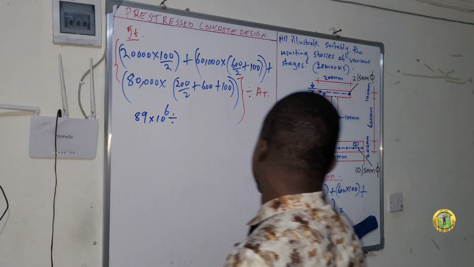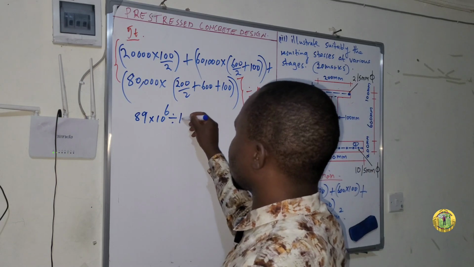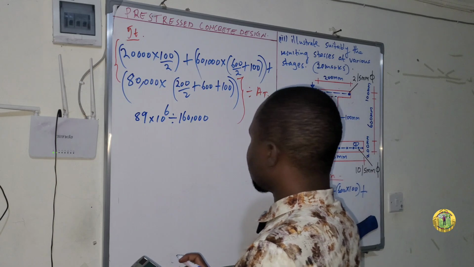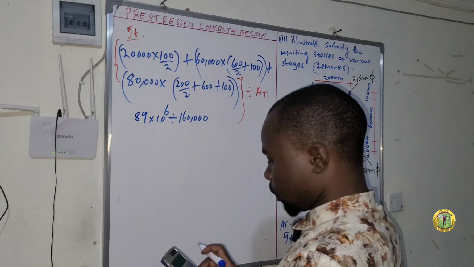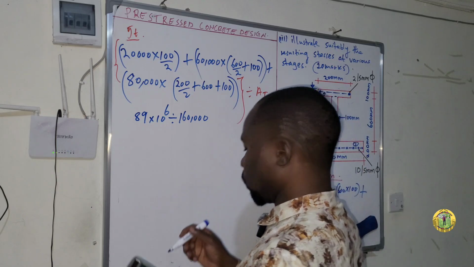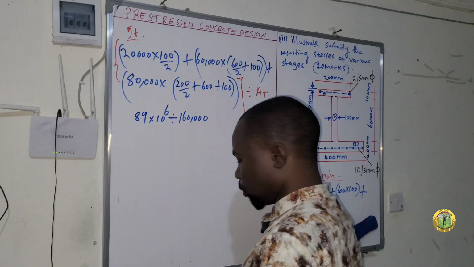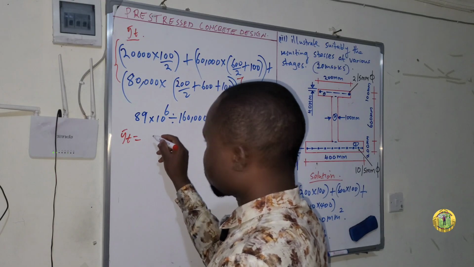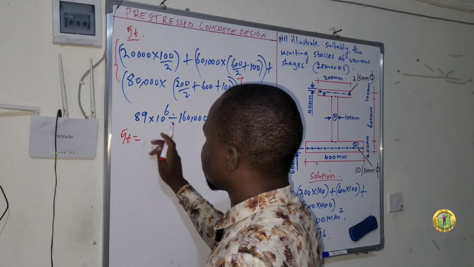Then you divide by area total, which is 160,000. So Y bar top is equal to 556.